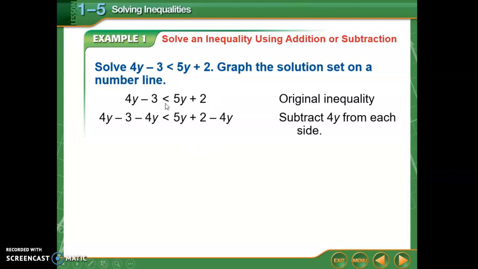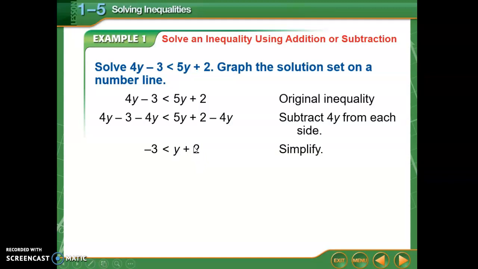So subtract 4y from both sides. There's only one way of doing it. You can also do it another way. Then combine like terms: cancel the 4y, bring down negative 3, less than 5y minus 4y, that gives you y, bring down 2.